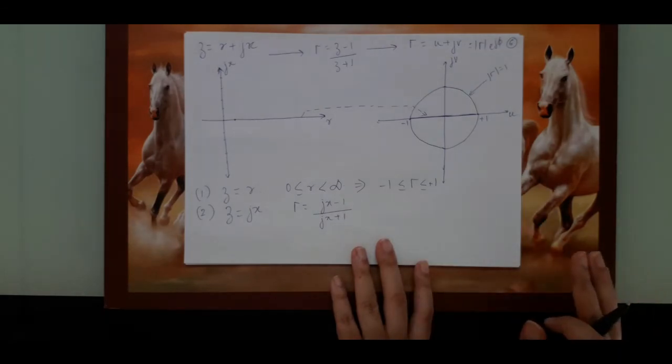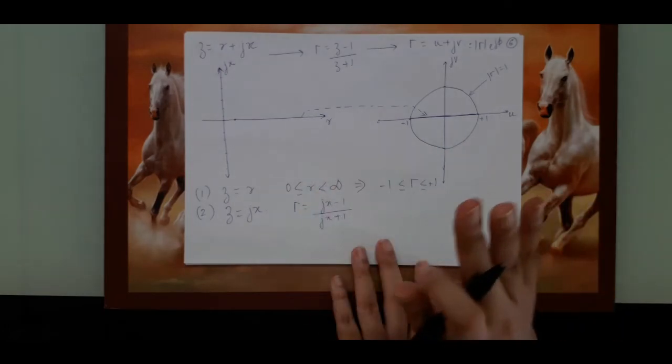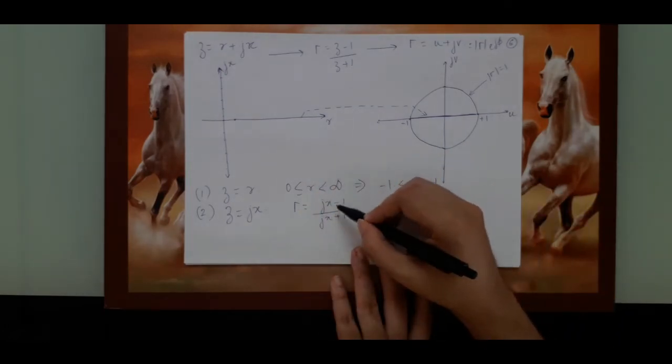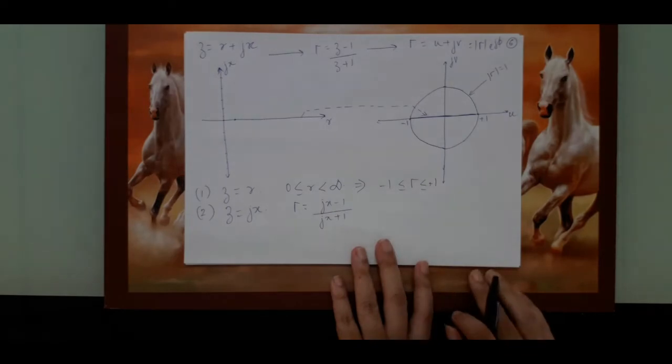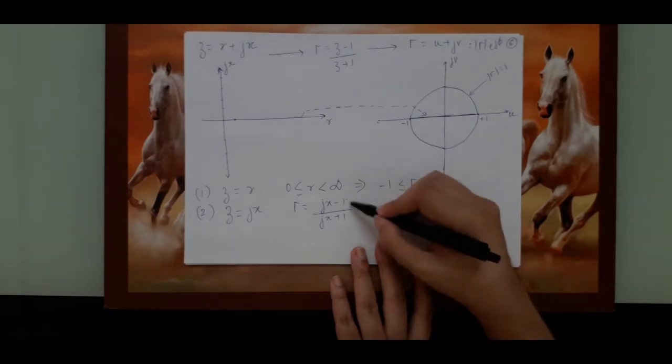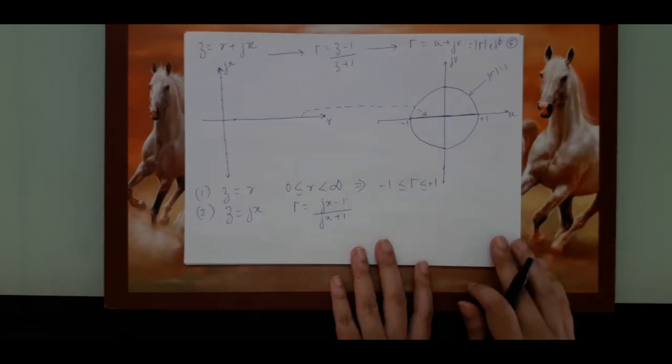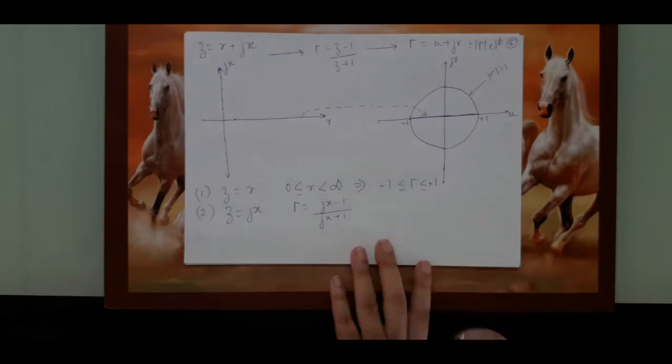Yes, we can. We cannot say about the phase, because to know the phase, we will need to know the value of X. But we can definitely say something about the magnitude. The magnitudes of the two complex numbers will always be equal.